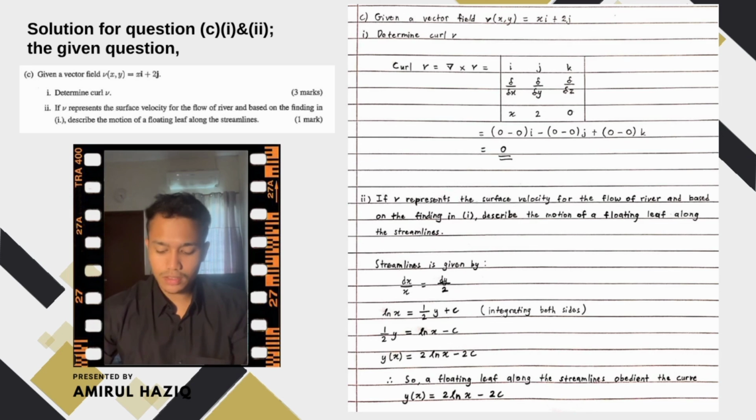So we integrate both sides, and we get ln x equals 1 over 2 y plus a constant. We rearrange the equation to become y equals 2 ln x minus 2c. So a floating leaf along the streamlines obeys the curve y equals 2 ln x minus 2c.